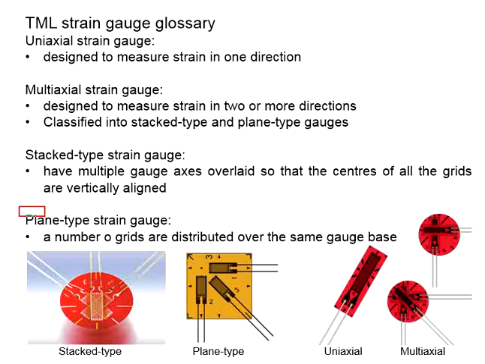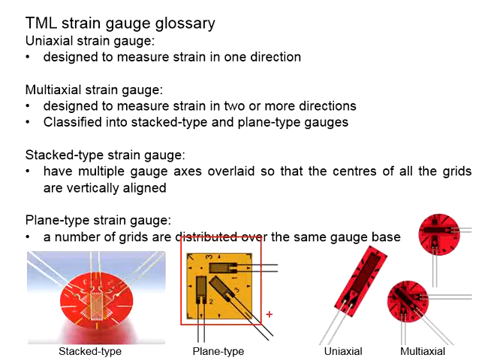Another type is the plain type strain gauge. The sensitive elements are not overlaying each other. There is no contact between the sensitive elements. The measurements will be based on this point here.